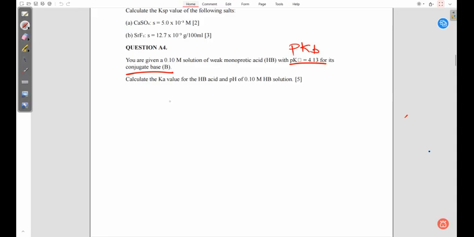Calculate the Ka value for the HB acid, and the pH of the 0.10 molar concentration of our acid. So let's take note of the data that we've been given for this question to make sense of it. So we've been told the concentration of this acid is 0.10 molar.